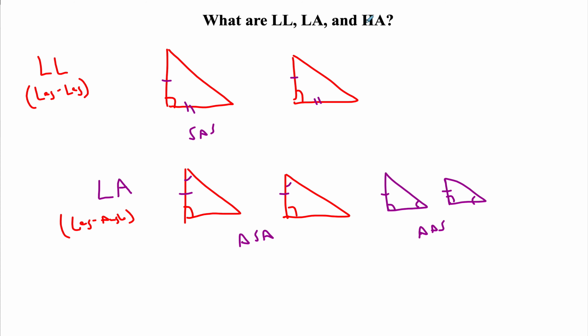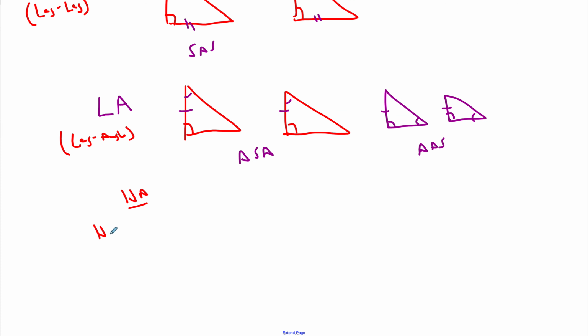And hypotenuse angle is much the same thing. So when you're looking at HA, which is just code for hypotenuse angle, right? You're looking at knowing that the hypotenuse is congruent, and then one of the angles. Now in this case, either way, it doesn't matter.